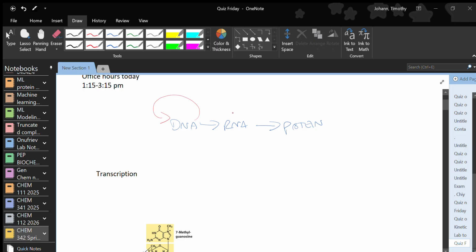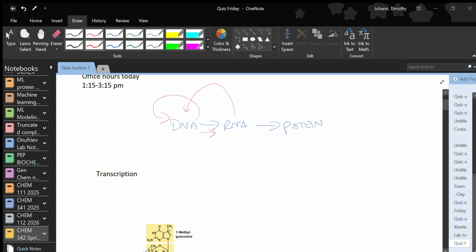We have talked a little bit about using RNA to make DNA, using an RNA template. We talked about telomerase making telomeres. That's reverse transcription, okay? And right now we're in this process of talking about DNA going to RNA.